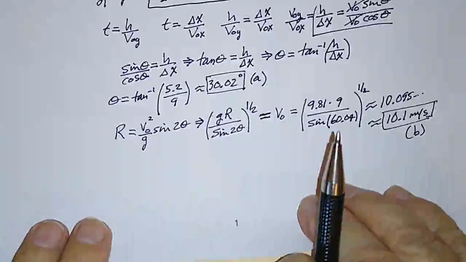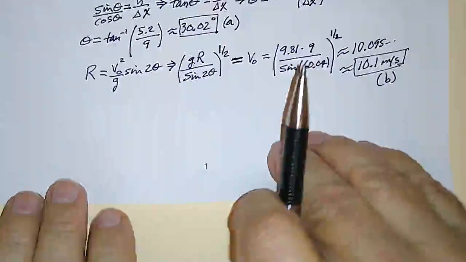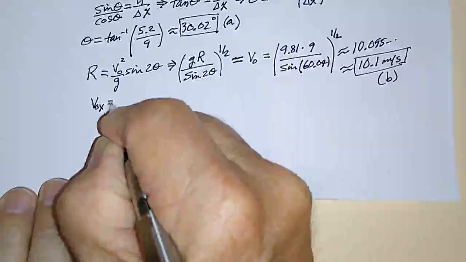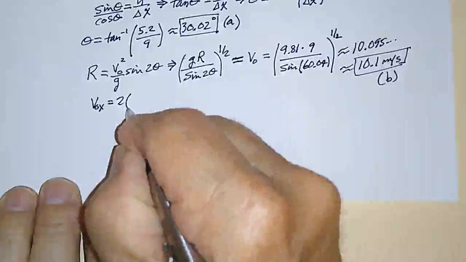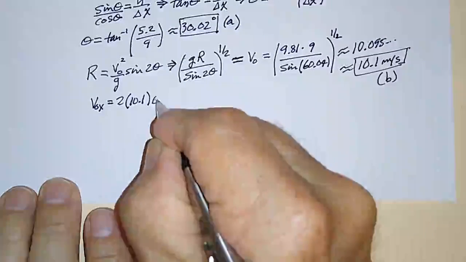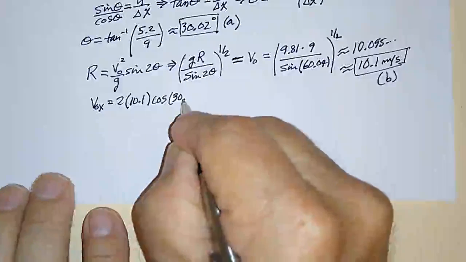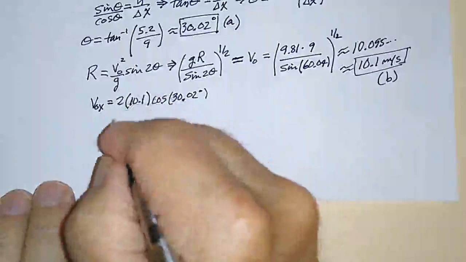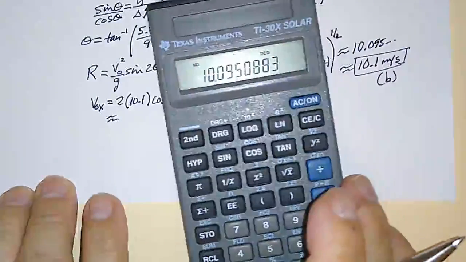First of all, then we look at the x component of that speed. So v naught x in this case is equal to 2 times this v naught min, 2 times 10.1 meters per second times the cosine of 30.02 degrees, and that's approximately equal to, let's put the calculator up here again so you can see it.